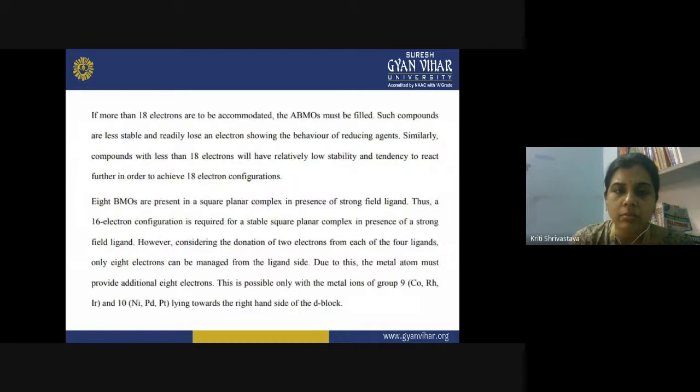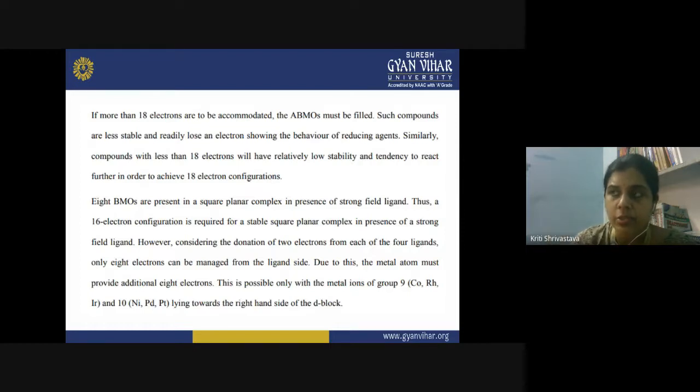Now, if more than 18 electrons are to be accommodated, where will the incoming electron go? Suppose you have 19 electrons, the 19th electron will go into the anti-bonding molecular orbital. And what happens when the electron enters the anti-bonding molecular orbital? The compound becomes unstable, because that electron will have very high energy, and it will soon perform some reaction.